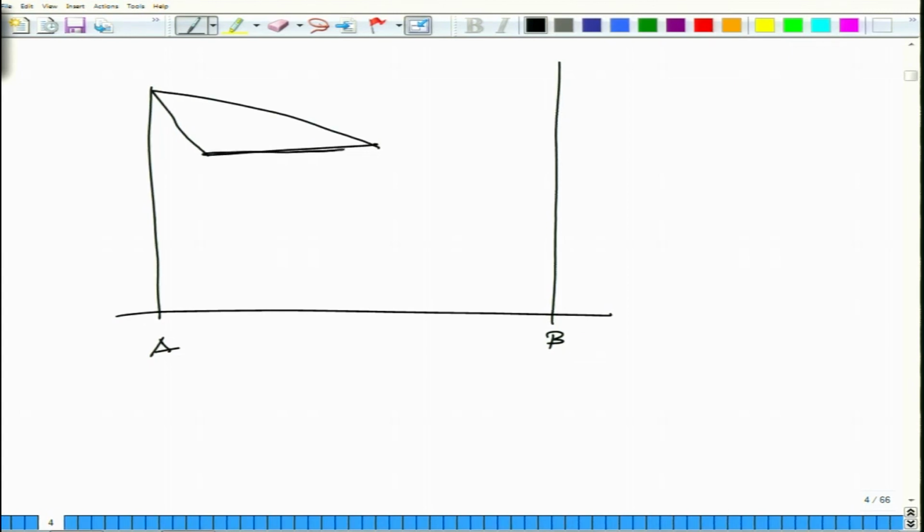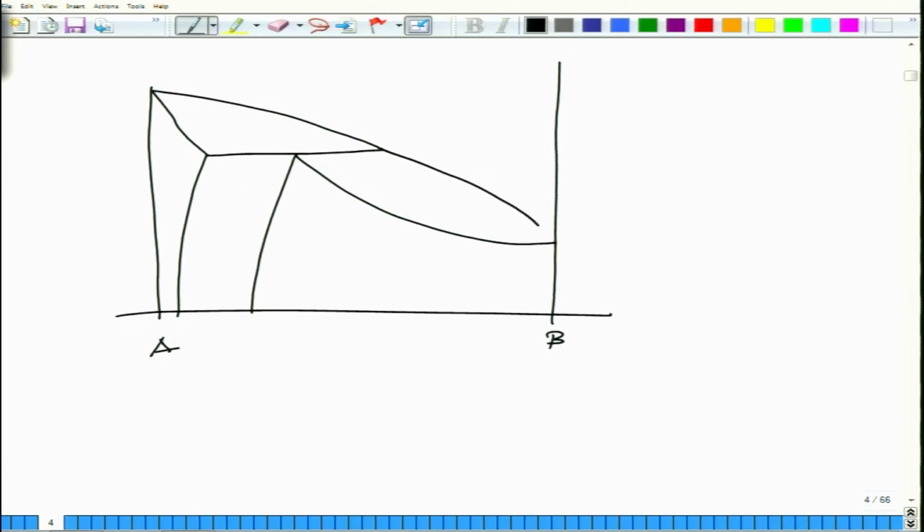So this is basically a straight line. Let me just redraw it. Okay, so this is temperature, and this could be liquid all across.